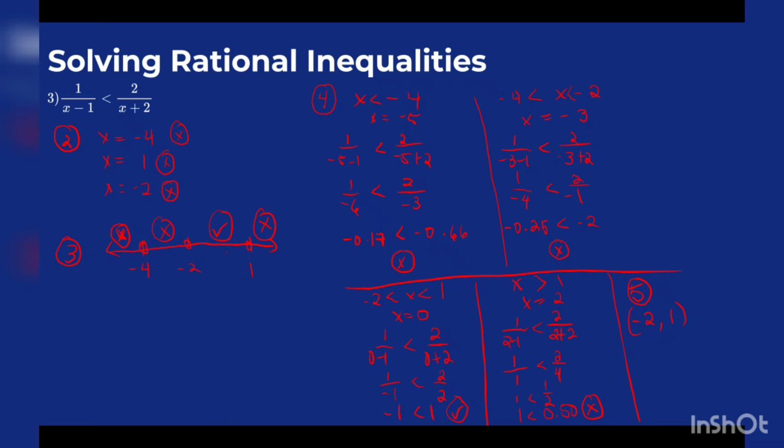And then for the set notation, we have set of numbers x such that x is an element of real number and negative 2 is less than x and x is less than 1. So that's our final answer.